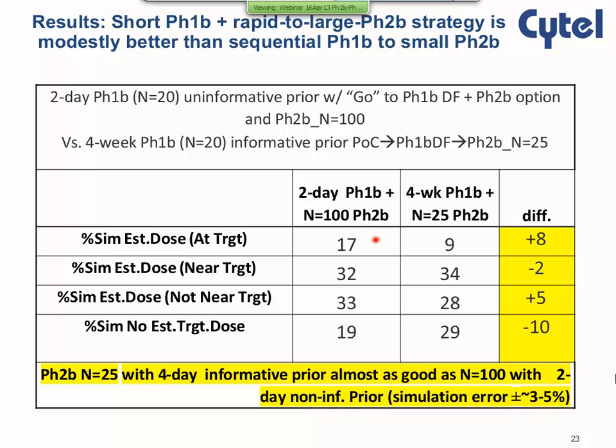And you can see just modest improvement in the percent of simulations at the target dose and a decrease in the percent of simulations that yielded no target dose. So this larger sample size, the informative prior and smaller phase 2B sample size was not an option that was as good as the rapid to 2B with large sample size option.